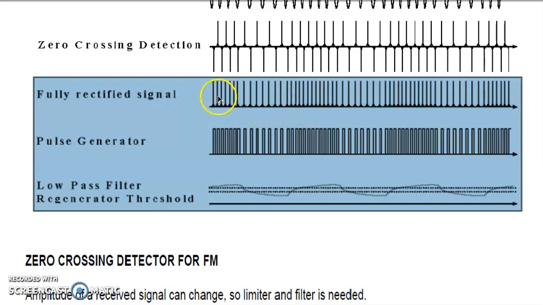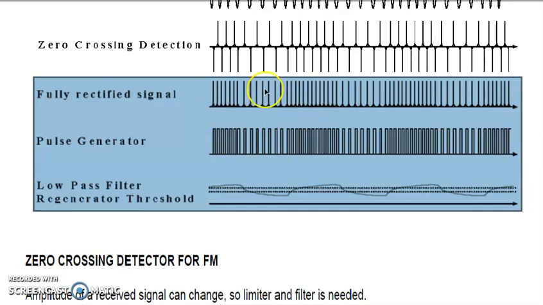We have to consider that if the frequency is higher at any point such as here, then the number of impulses will be higher. And if the frequency is lower, meaning the number of zero crossing points is lesser, then the number of impulses will also be lesser.